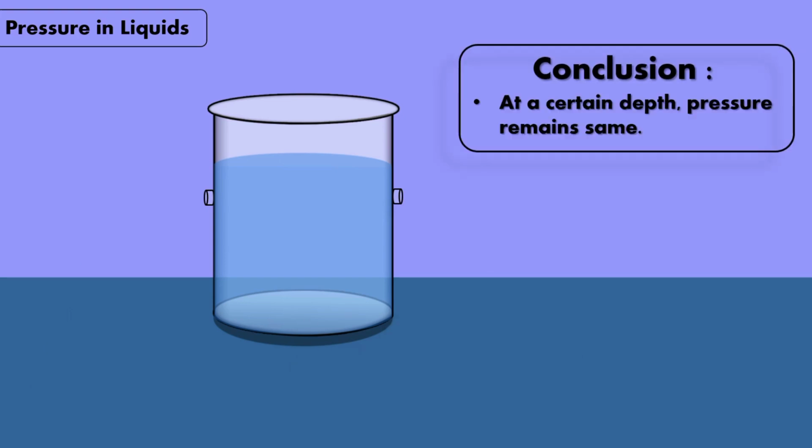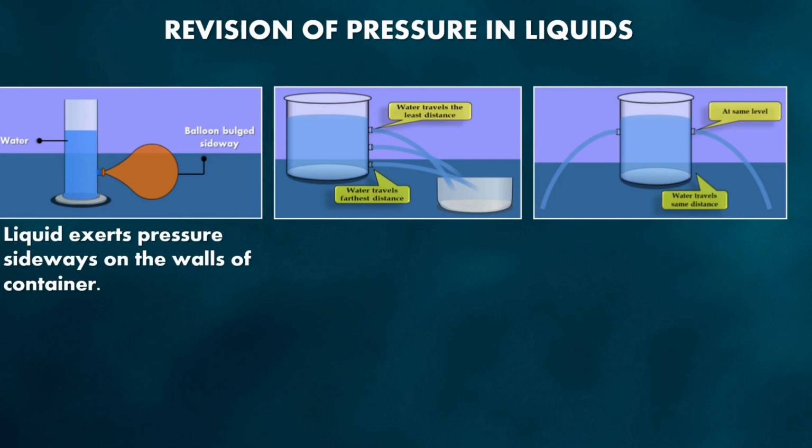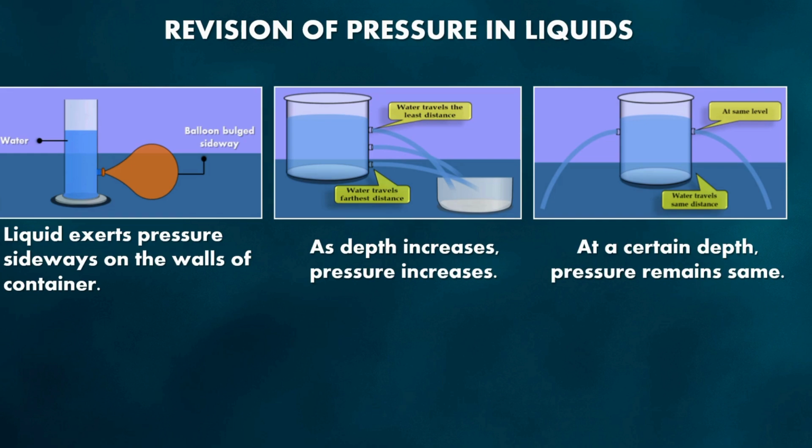Conclusion: at a certain depth, pressure remains the same. Revision of pressure in liquids. Liquid exerts pressure sideways on the walls of the container. As depth increases, pressure also increases. At a certain depth, the pressure remains the same.